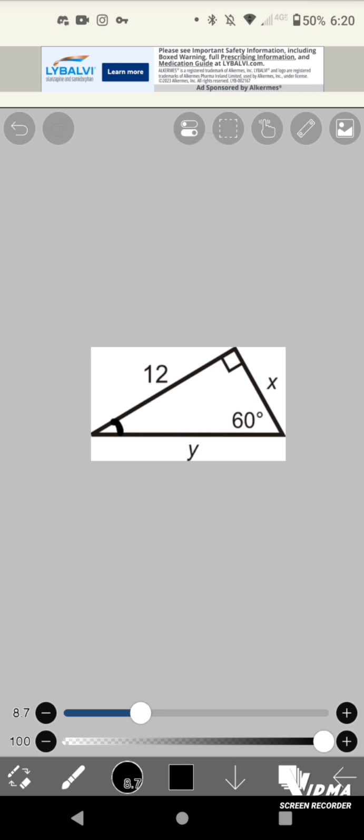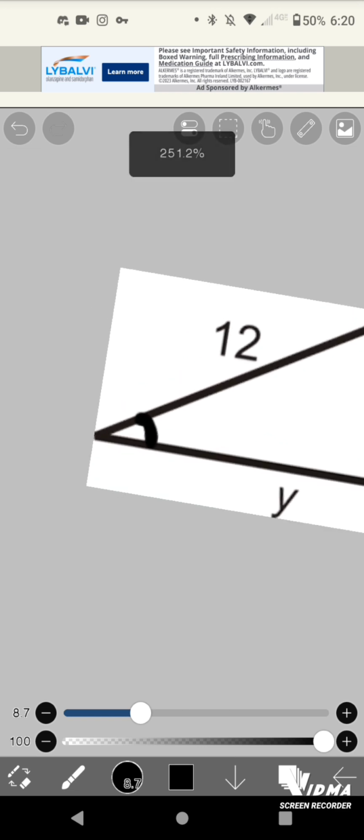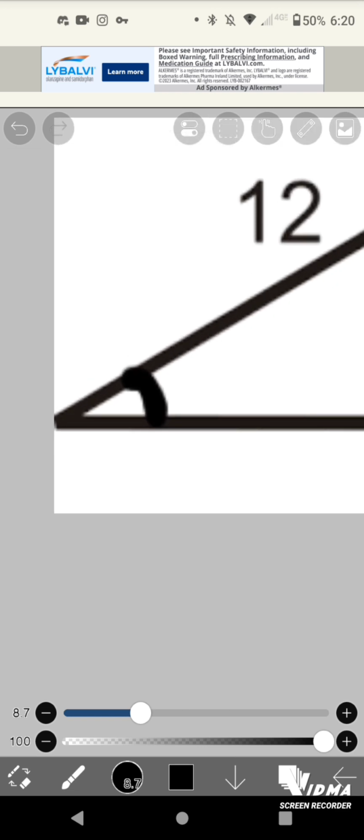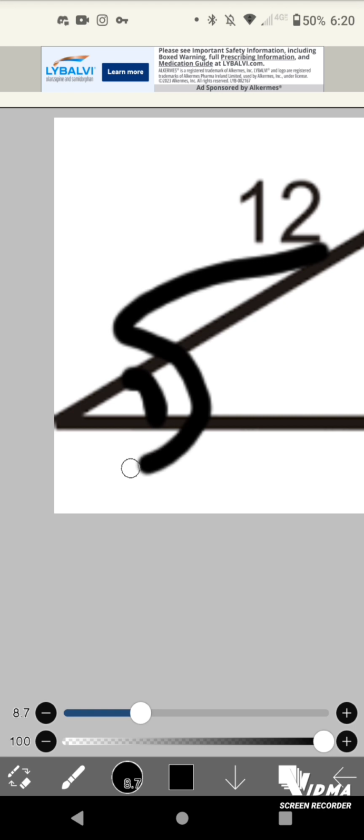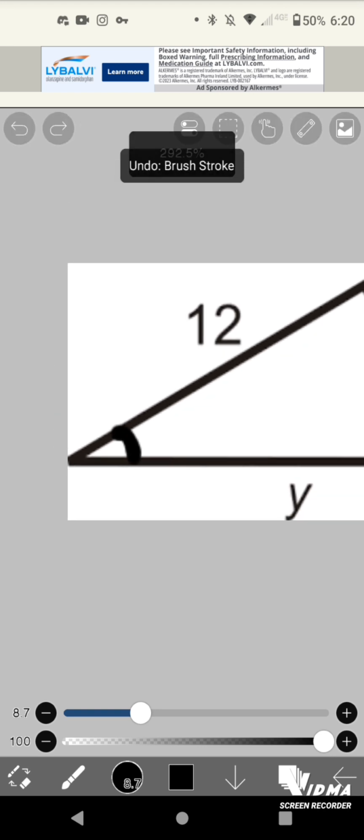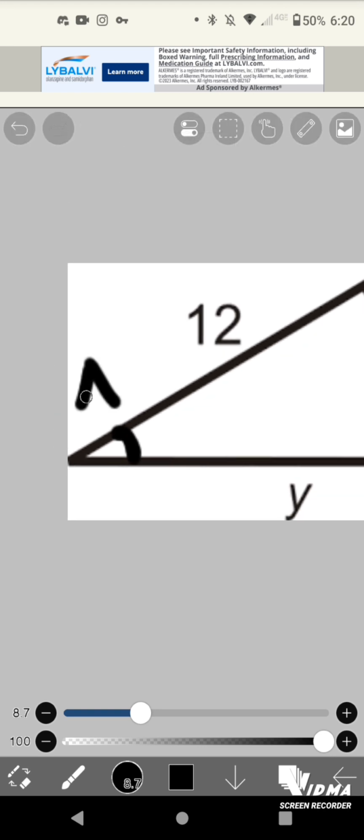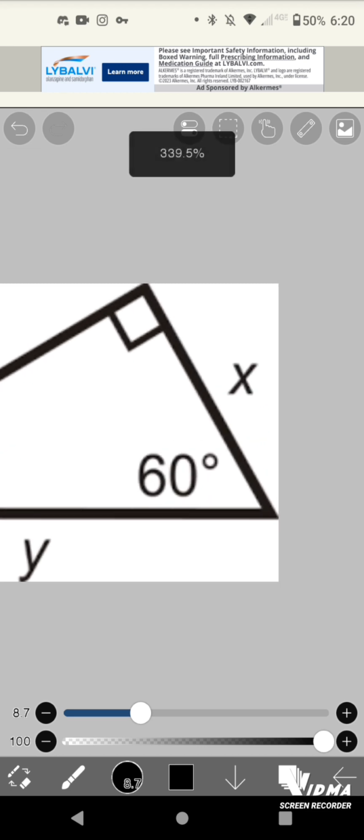So we have to figure out what side is adjacent to the 30-degree angle and what side is opposite. Adjacent means next to, so this side goes right along the 30-degree angle. So this one is our adjacent side, which we are given the value for.